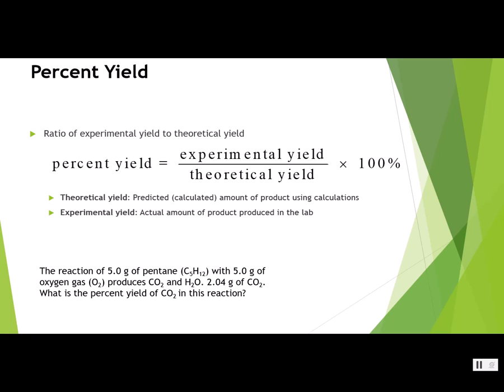That reacts with 5 grams of oxygen gas to produce CO2 and water. 2.40 grams of CO2 is produced. What is the percent yield of carbon dioxide in this reaction? There's a lot of information there, so let's go to the next slide.